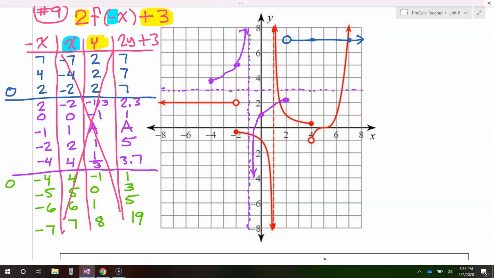All right, now let's do the green part. We have negative 4 comma 1. And this is going to be an open circle. So negative 4 comma 1, we're going to have an open circle right here. Negative 5 comma 3 is going to be right here.